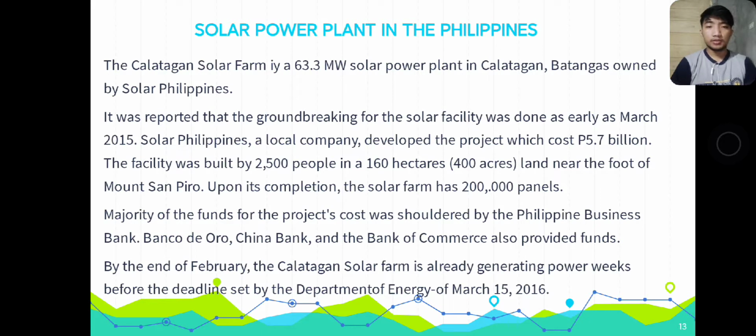So majority of the funds for the project's cost was shouldered by the Philippine Business Bank, Banco de Oro, and China Bank, and the Bank of Commerce also provided funds. By the end of February, the Calatagan Solar Farm was already generating power weeks before the deadline set by the Department of Energy of March 15, 2016.